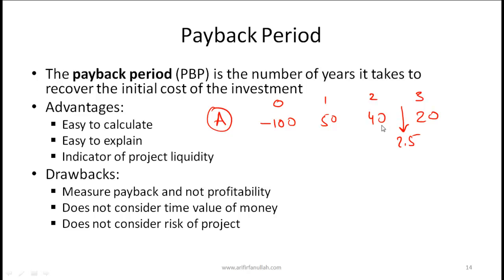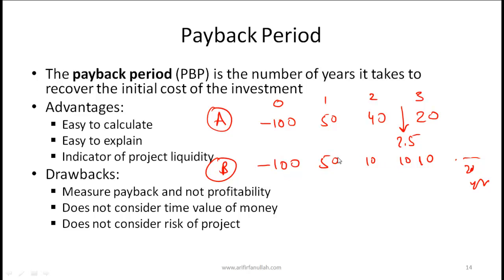Now let's say that project B has cash flows like this: minus 100, and then 50, and then 10, 10, 10 for, let's say, 20 years. So for this project the payback period is much longer.